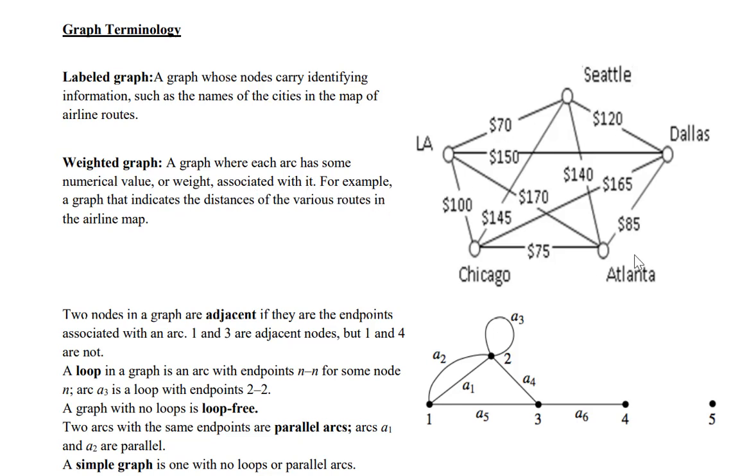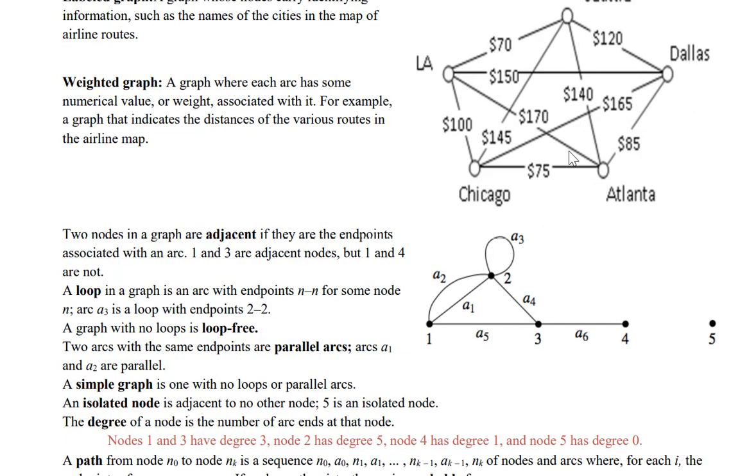Here is an example. This is labeled and also has some weight. That means maybe to fly from Seattle to LA costs $70, Seattle to Dallas $120, and so on. So this is a labeled and weighted graph.